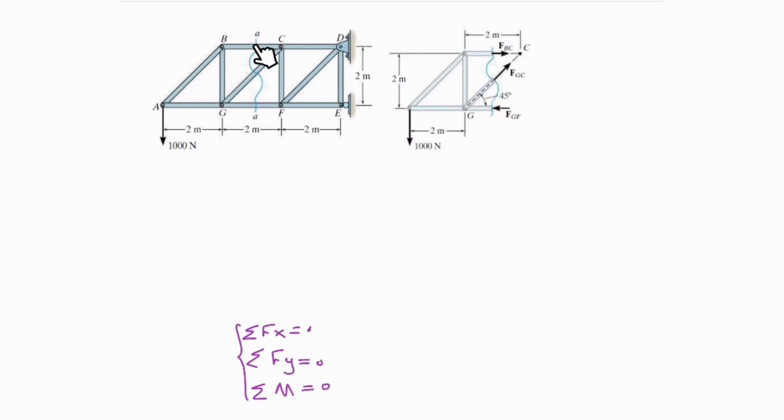But here we cannot do that, because if you solve this, we get three forces, and as we discussed before, for each joint you can have two unknowns at most, and we can solve this but not this, meaning that after this cut you can do this joint and then go to this joint.